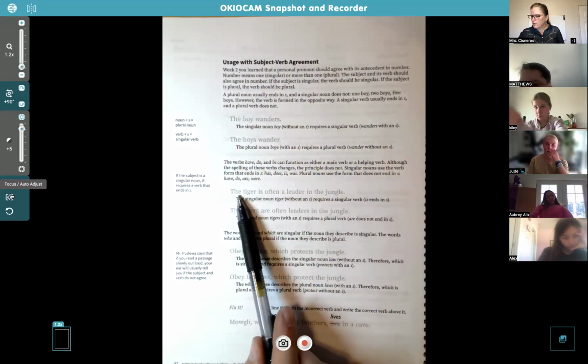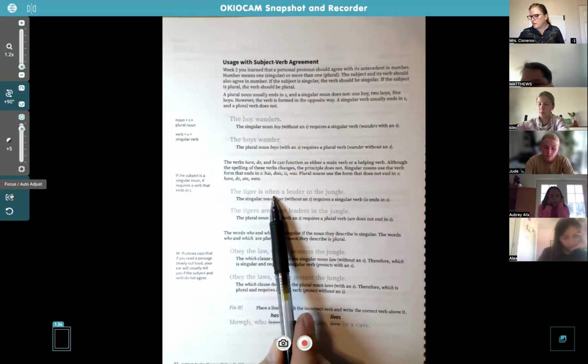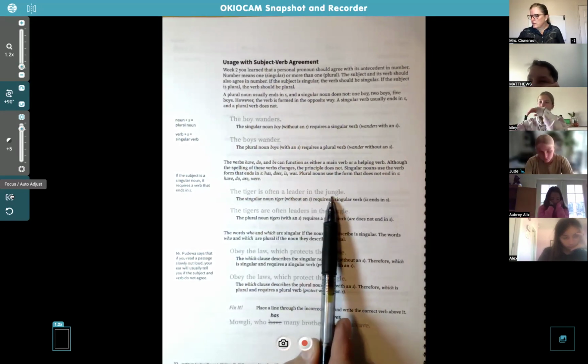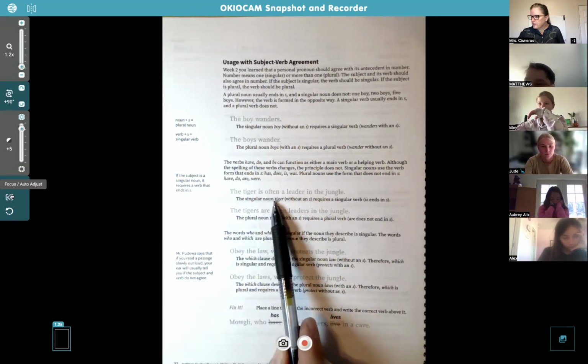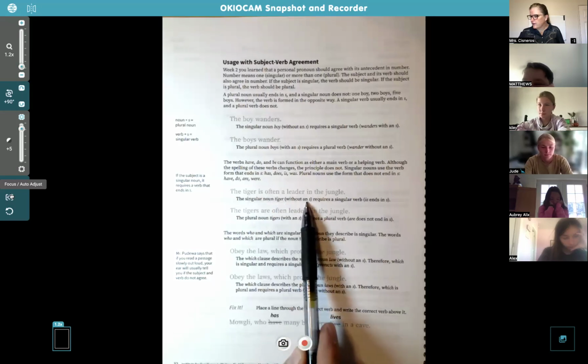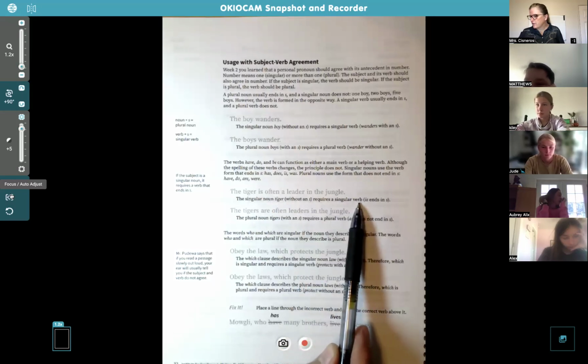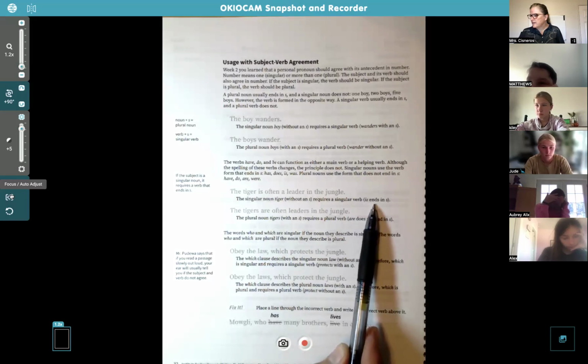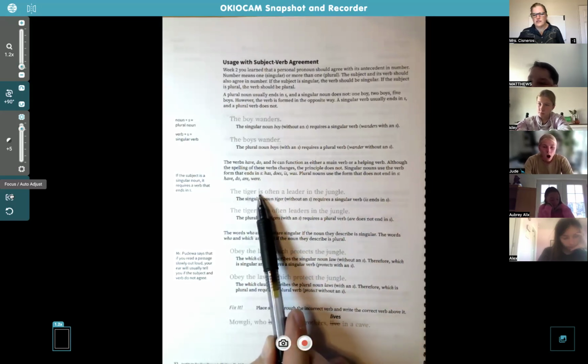Look at this example. The tiger is often a leader in the jungle. The tiger is singular without an S, so it requires a singular verb, and is ends in S. The tiger is. It's weird. I don't know why it's that way, but it is that way. So something to remember.